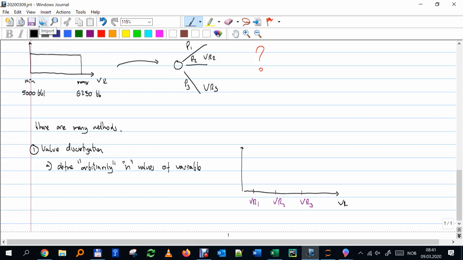Usually they are uniformly spaced. Step B is to read from the PDF, the probability distribution function, its associated probability.